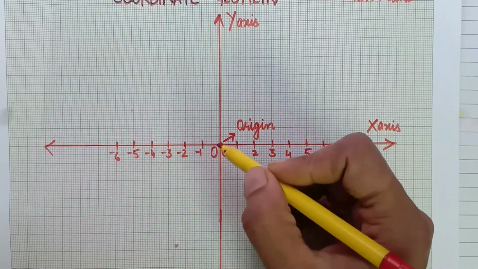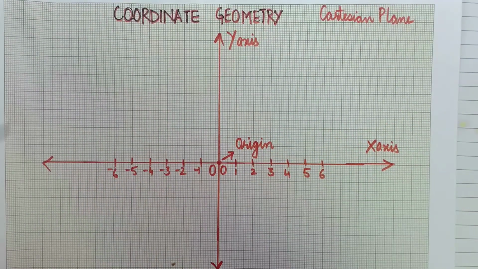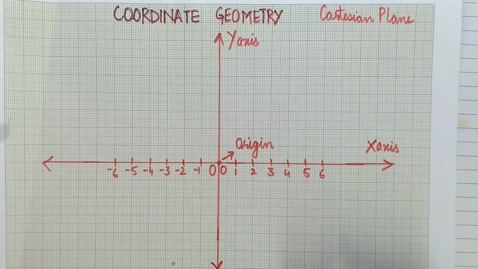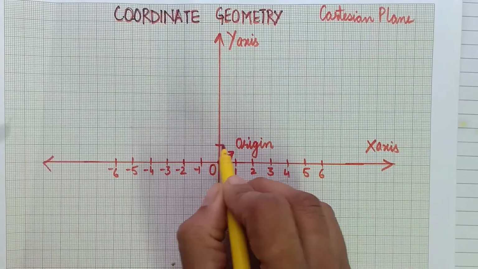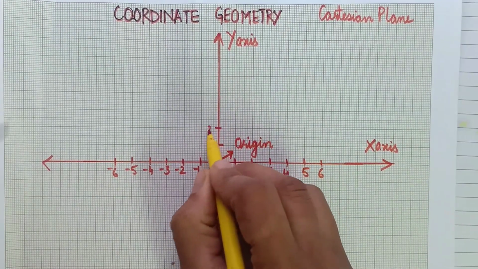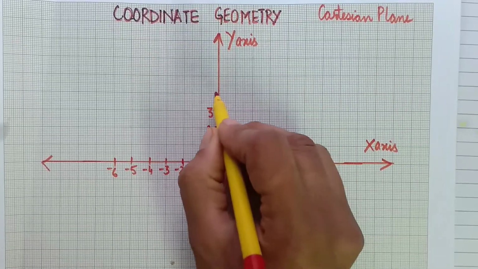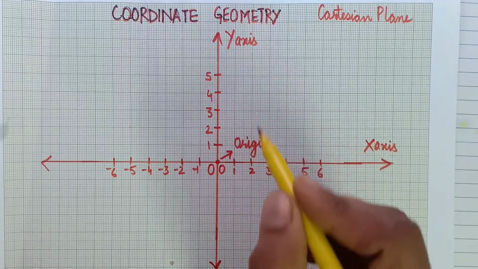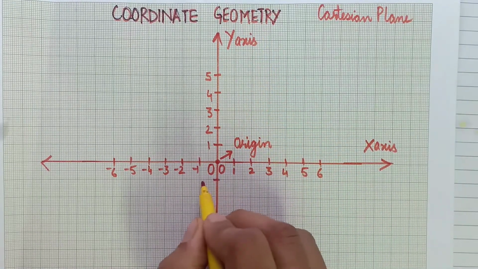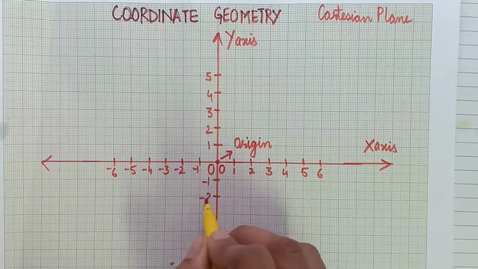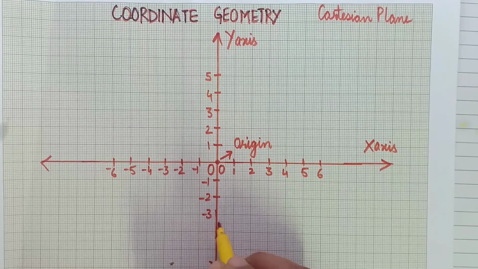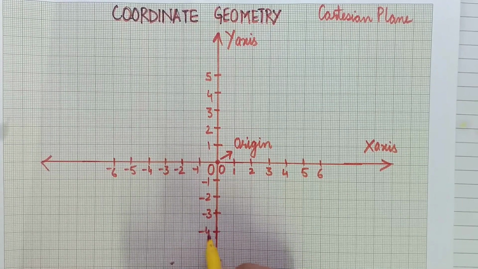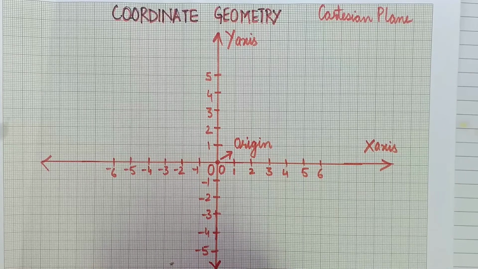Now I will go to the positive side and write the numbers on the positive side of the y-axis. This is 1, 2, 3, 4, 5, and we can continue like this. In the same way I'll write on the negative side of y, -1, -2, -3, -4 and -5.